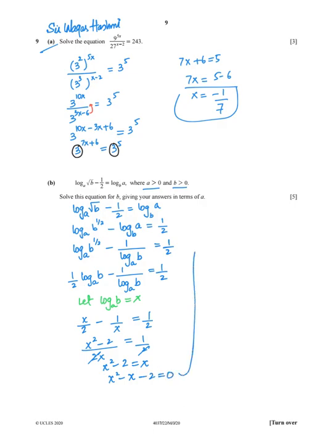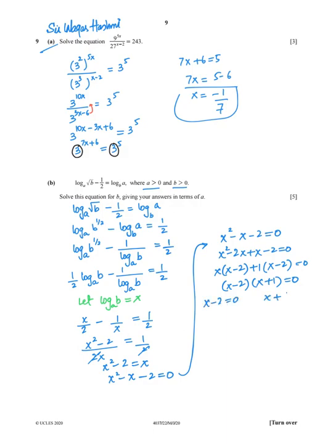Now we can apply the middle term split. So x square minus 2x plus x minus 2 equals 0. x into x minus 2, plus 1 into x minus 2, equals 0. Again taking x minus 2 common, x plus 1 equals 0. So now we can equate: x minus 2 equals 0 and x plus 1 equals 0. So finally we get x equals 2 and x equals minus 1.